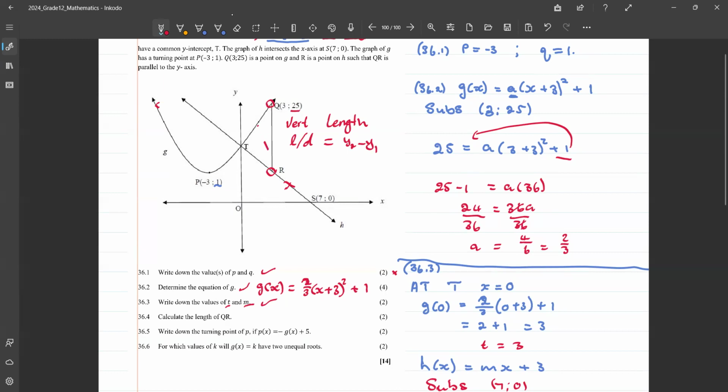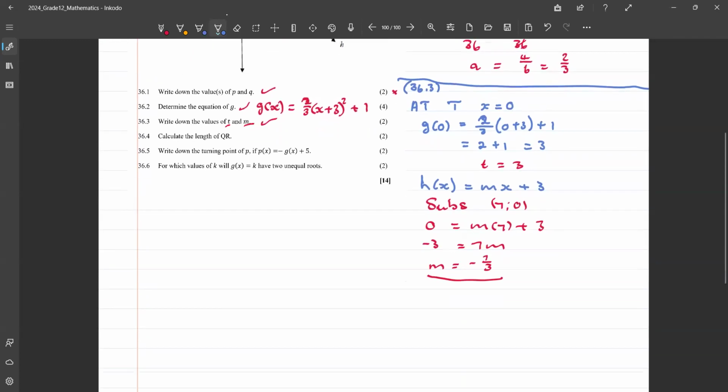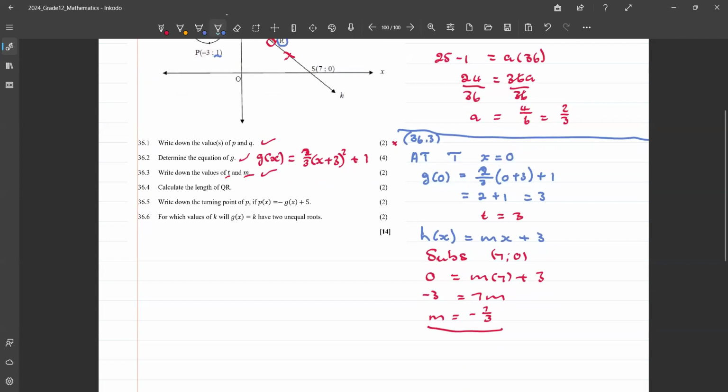So we will take this 3 here and substitute it in the linear equation, so that we can find the y value at r. And once we know the y value at r, we just subtract those two. We will get the magnitude of QR.